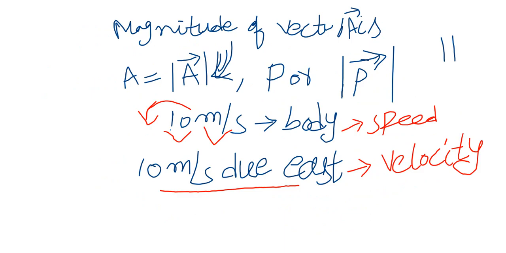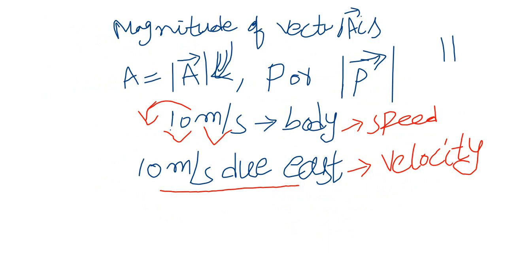Next one is, a body moves with a speed of 10 meters per second. Here 10 represents the number, that means it is its magnitude. Meter per second represents its speed. That 10 meters per second means the body moves with some speed. It is in motion.